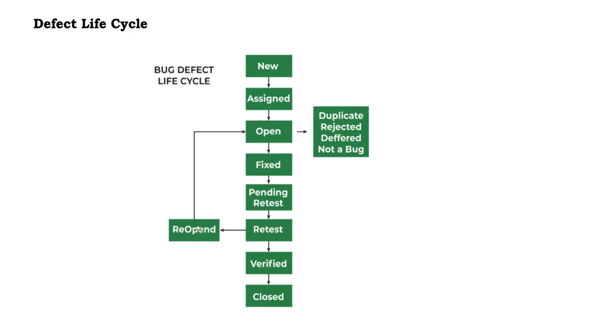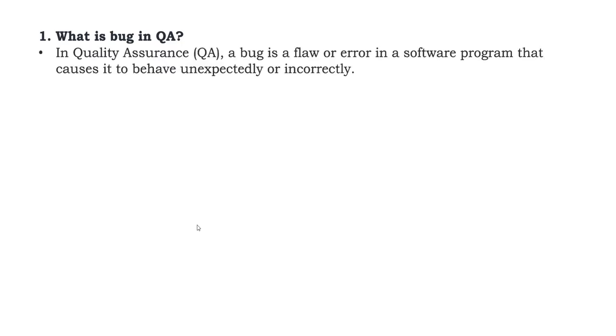Okay. So next, let's see a few of the questions about this bug. What is a bug in QA? In quality assurance, a bug is a flaw or error in a software program that causes it to behave unexpectedly or incorrectly. So whenever somebody asks you what is a bug, you can say this.